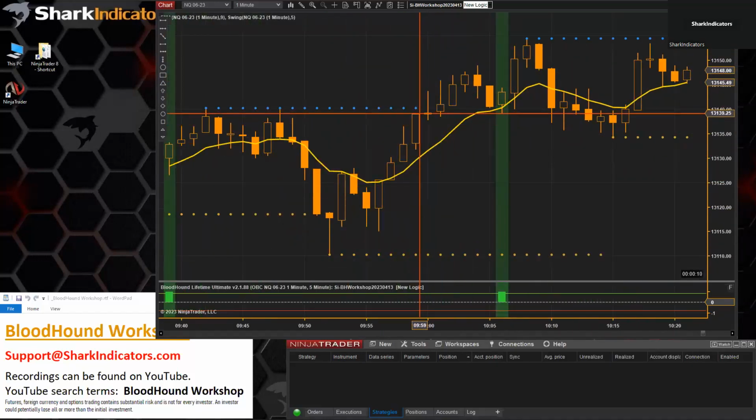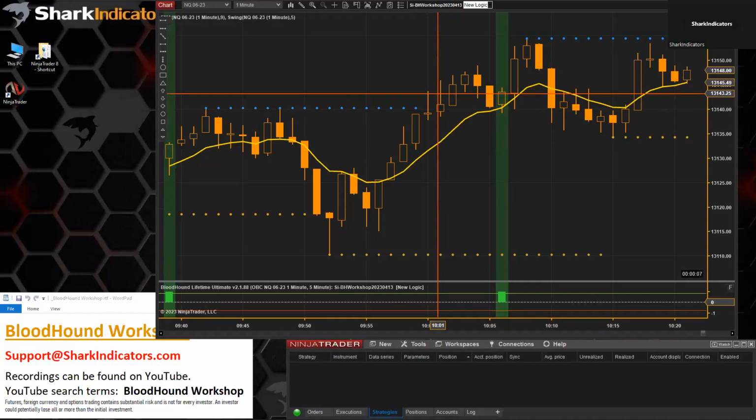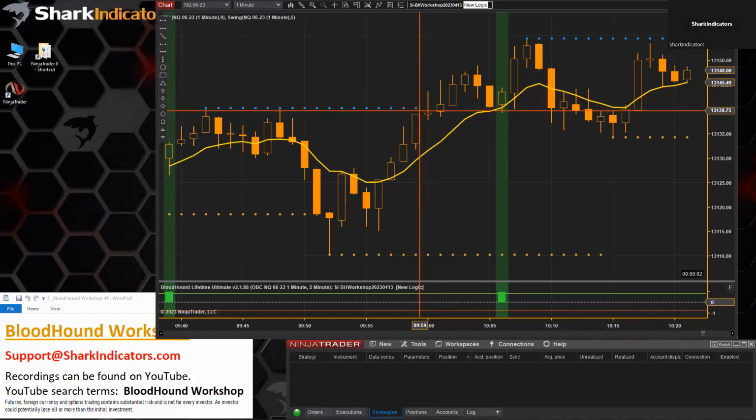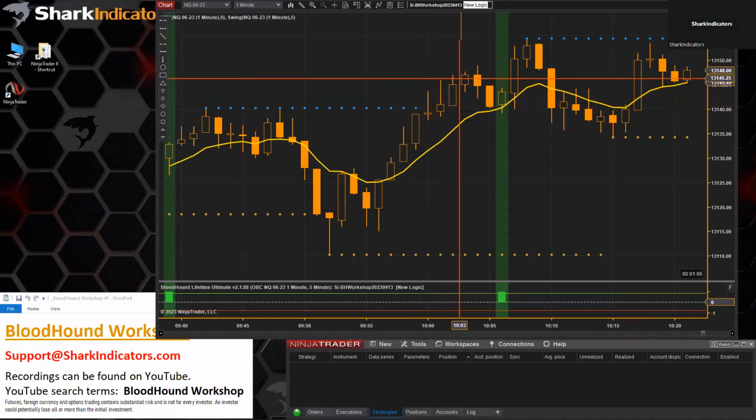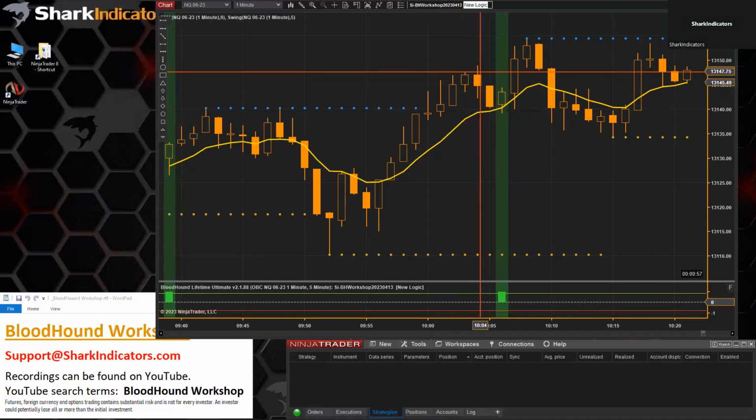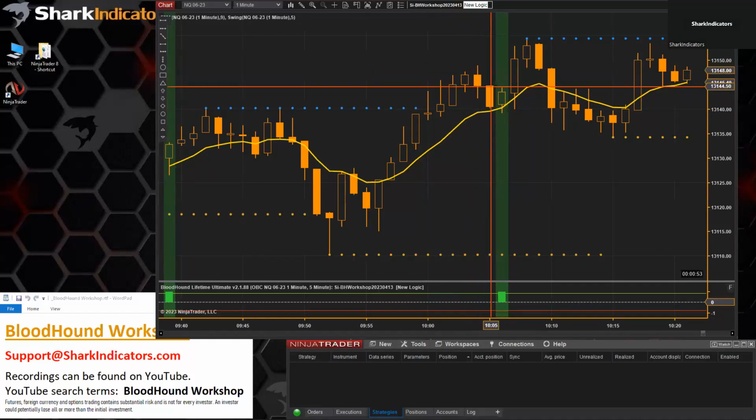Just a comment on this. So here's a classic, nice looking scenario. We get the swing break, price continues to move forward, and then we get our pullback bar, and then a 3-bar pullback.